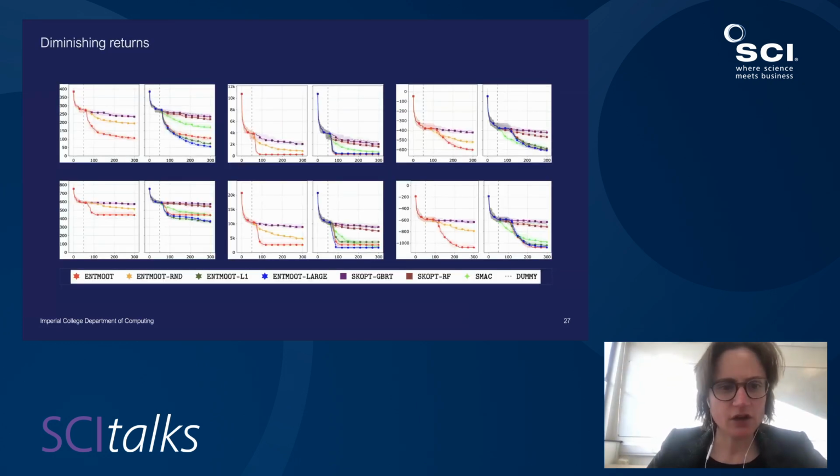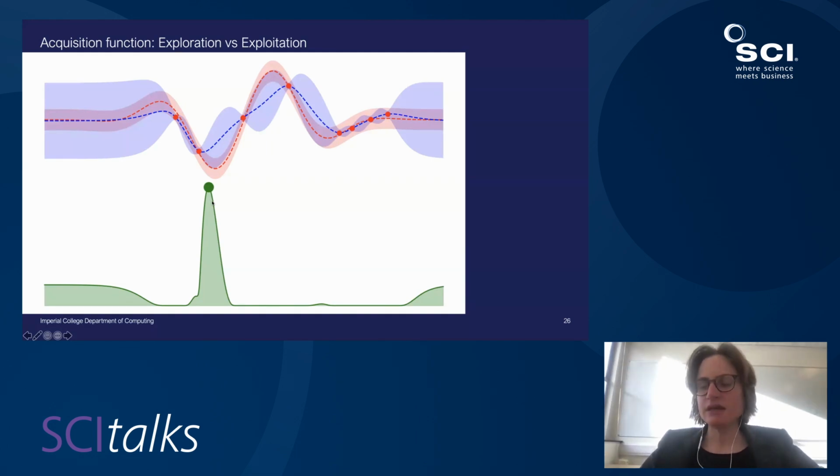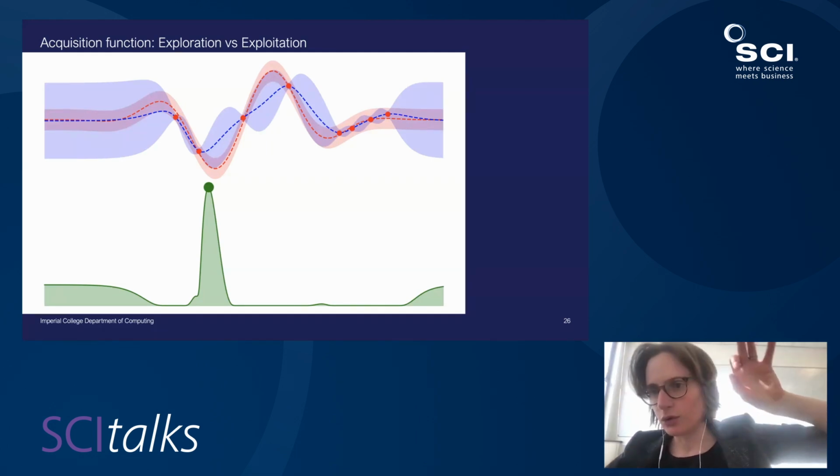One thing just to mention in passing, just to give a rough idea of how these algorithms go. This algorithm is guaranteed to converge, but only in the sense that you never stop evaluating.